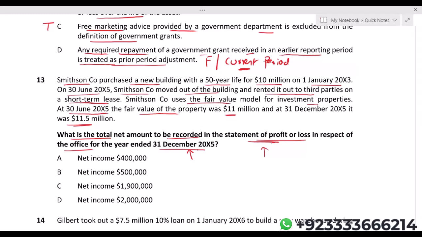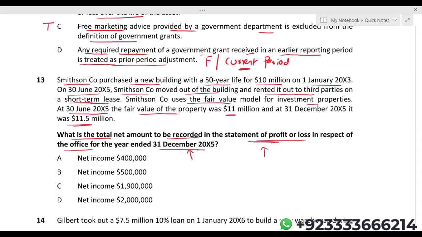Okay, no issue at all. Under IAS 40 investment property, we are following the fair value model. So IAS 40 says when an investment property is carried at fair value model, then no depreciation. And whatever change comes in the fair value will be recognized in P&L.